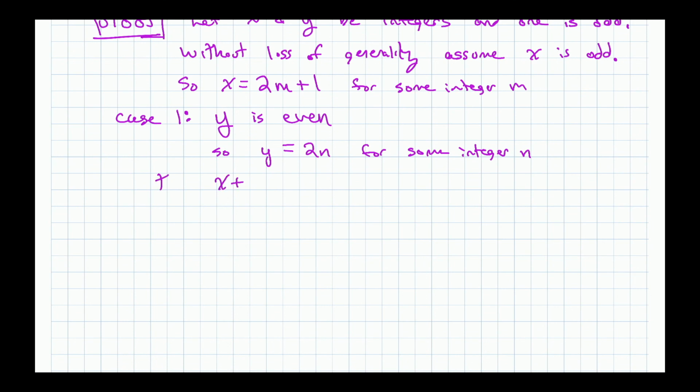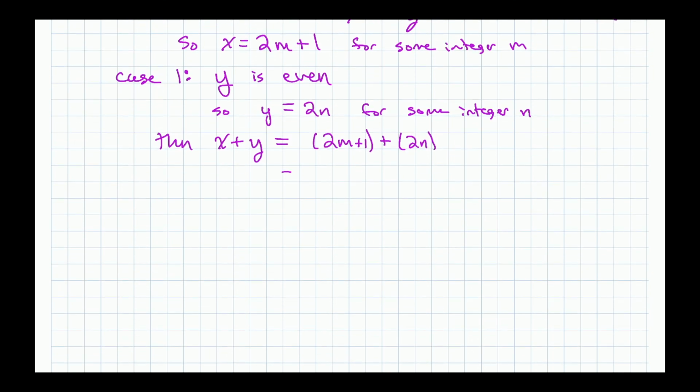So we can just say x plus y. Then x plus y is what? x is 2m plus 1 plus y, but y is 2n. So x plus y is 2m plus 2n plus 1, which is 2 times (m plus n) plus 1. Hopefully you can see that that's odd.